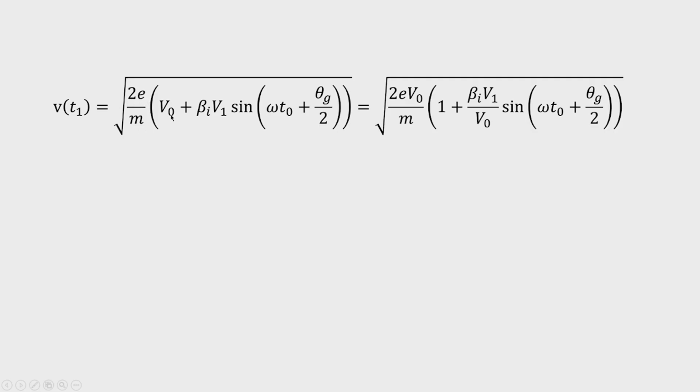Earlier it was only V naught, now it is V naught plus beta I V1 sin omega t naught plus theta g by 2, and if we take out V naught, then it becomes root 2 E V naught by m into 1 plus beta I V1 by V naught sin omega t naught plus theta g by 2.